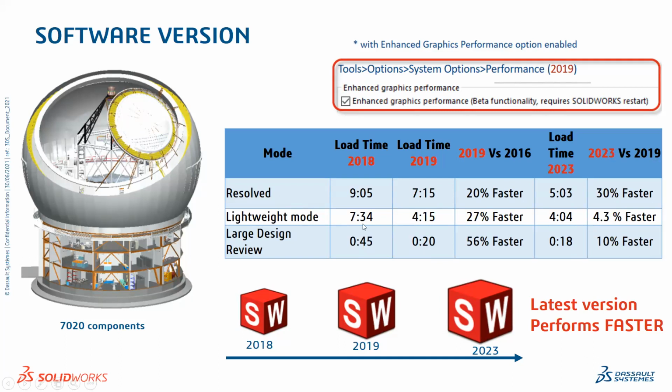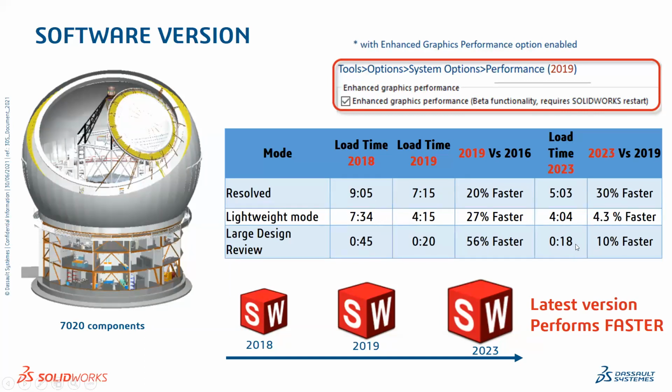That is for completely resolved mode. If you go with lightweight mode, for example 2019 versus 2018, you can see 27% faster performance. With 2023, you can see 4.3% faster compared with 2019. Similarly for large design review mode. This is the beauty of the different modes: based on your need, you can choose which mode to open, resolved, lightweight, or large design review. It goes from 9 minutes to 45 seconds.